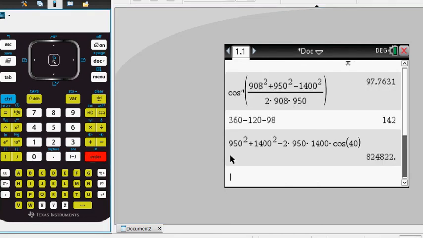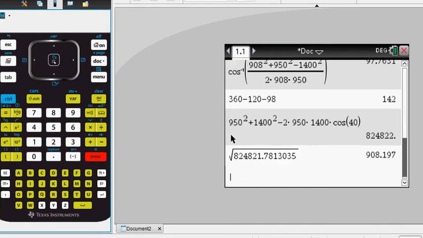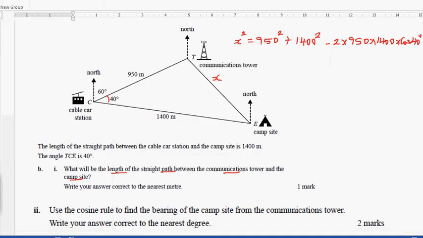That will be a big number, and you have to find the square root of that. So you can go control square root and then control answer. So that is 908.17, and we want the answer to the nearest meter. So x is 908 meters. That's your first answer. So this is 908 meters.